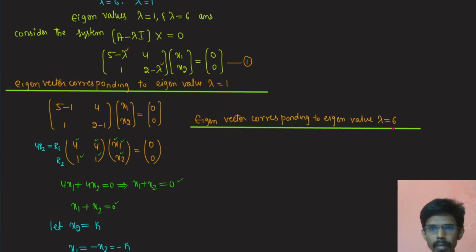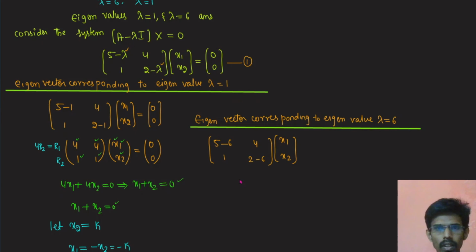Now put this lambda equal to 6 in this equation 1 here, that is the system. So if I put the value of lambda equal to 6 in equation 1, this will become 5 minus 6, 4, 1, 2 minus 6 into, we have x1, x2, that equal to 0, 0.